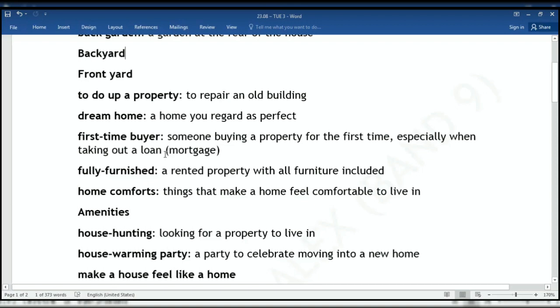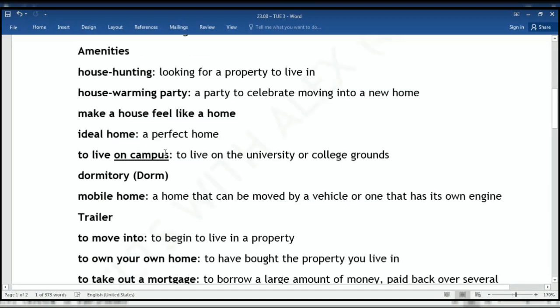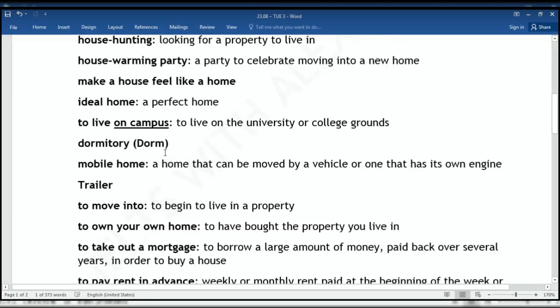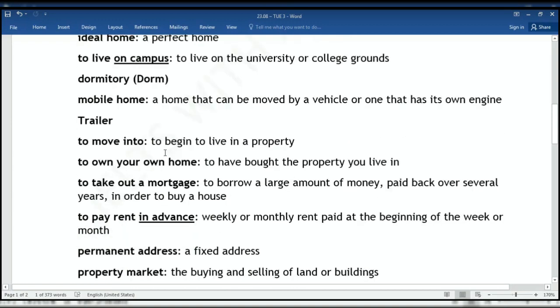But as a whole, I feel like those people that try to buy more expensive houses, they are not house hunting to make a house feel like a home. They are trying to buy a house just to look more rich. Whereas people that are buying less expensive houses, they are really taking care of owning their own home and making sure that they have a permanent address that they can really care about.